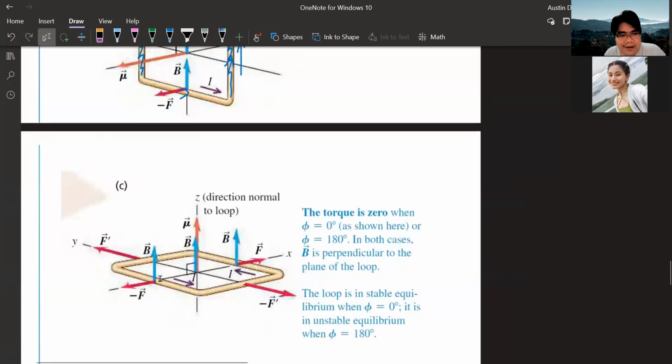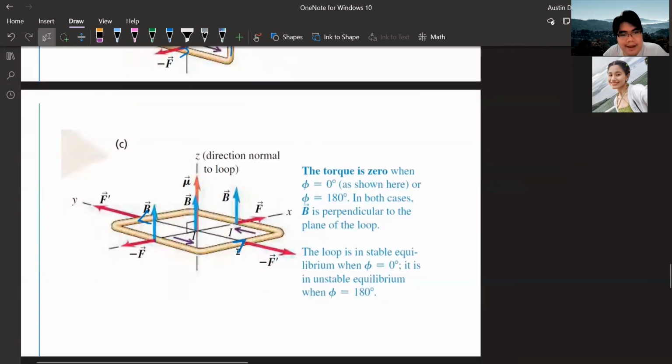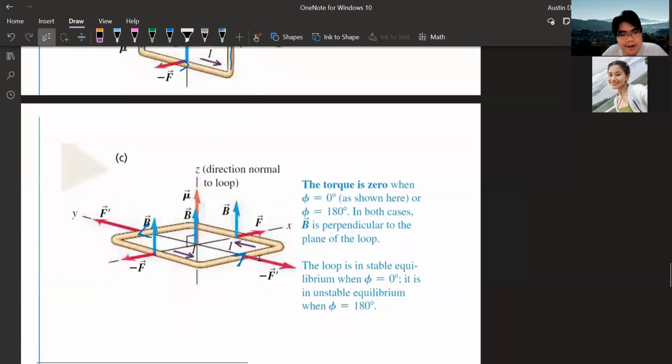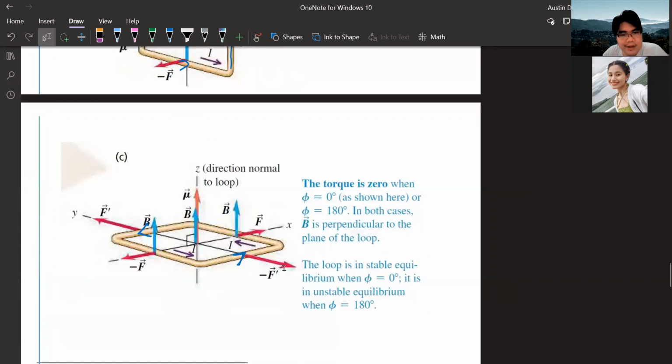In similar manner, ganito rin, ganito. And the current here is going to this side, papuntang X. Okay, nice. Napansin mo, 0 yung force and wala nang torque dito. Kasi wala nang hatakan na nangyayari.